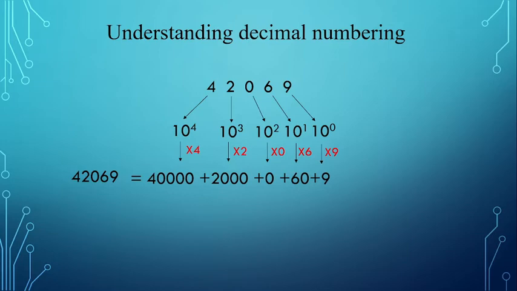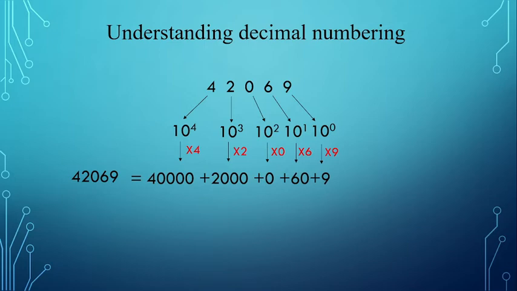For 2069, from right to left, each of these numbers has a placement value. So 9 is in the 10 to the 0 power place, 6 is in 10 to the 1, 0 is in 10 to the 2, 2 is in 10 to the 3, and 4 is in 10 to the 4. And this will go on.